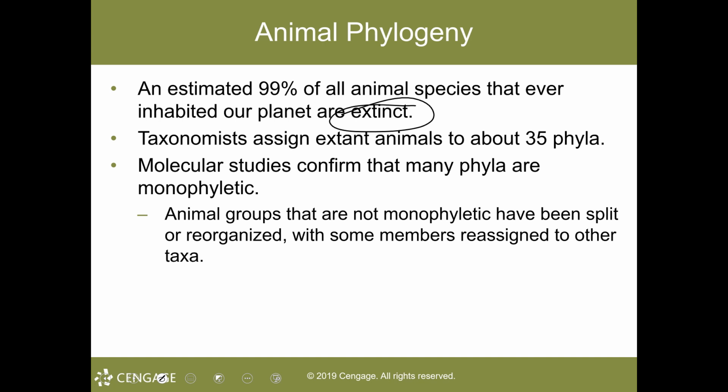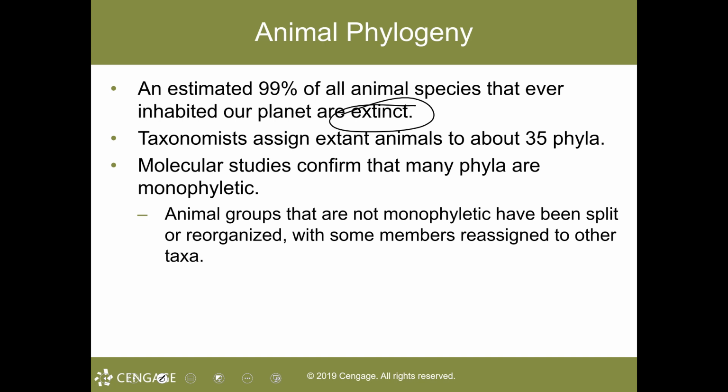This takes you back to a bit of evolutionary terms and the relatedness of animals. It includes not just the most recent common ancestor, but also all descendants of that most recent common ancestor, class. Animal groups that are not monophyletic have been split or reorganized, with some members of the groups being reassigned to other taxa.